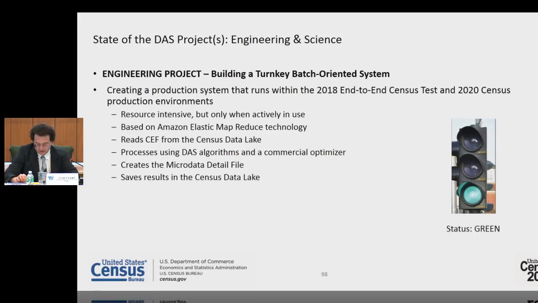This is a production system that must run within the 2018 end-to-end census test and the 2020 census production environments. It is resource intensive, but it uses those resources only when it is actually running. They are released when it is not in use. It's based on Amazon's Elastic MapReduce technology.